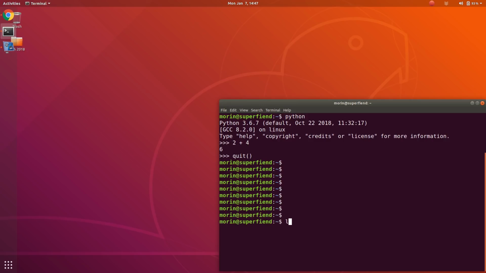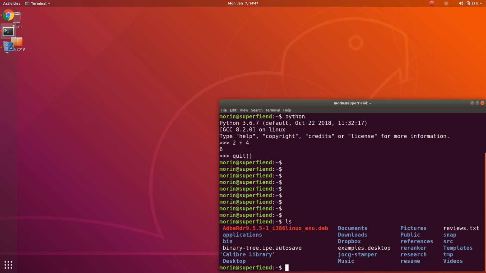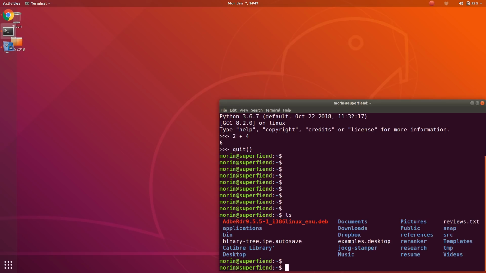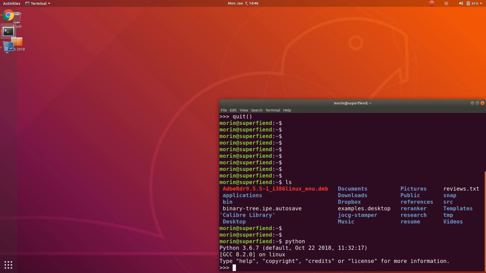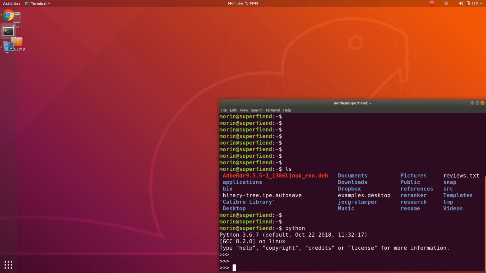I can, for example, look at the files in my directory and so on. And then there's the interpreter, which I enter just by typing python. Now I'm not at the command line, even though it's the same window. I'm in the Python interpreter. I can put Python code in here, and it will evaluate it for me. Individual lines of Python code.